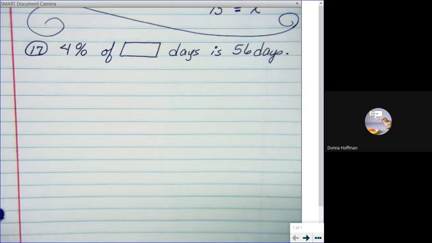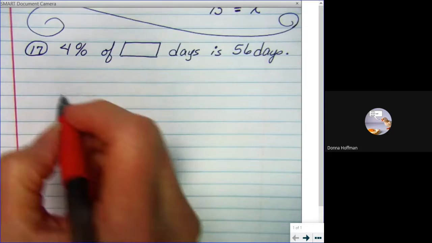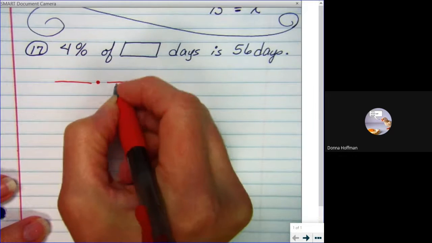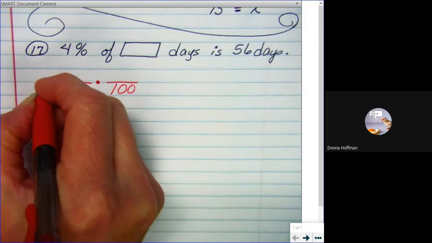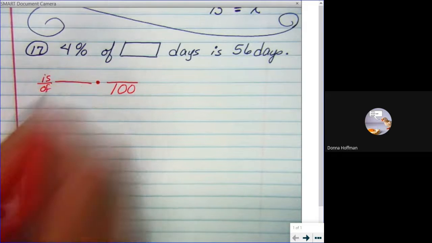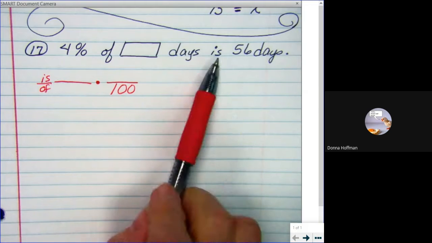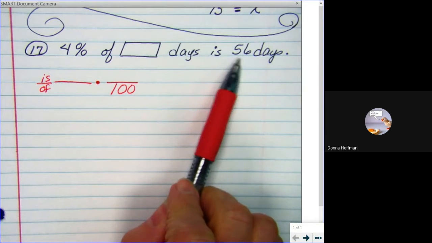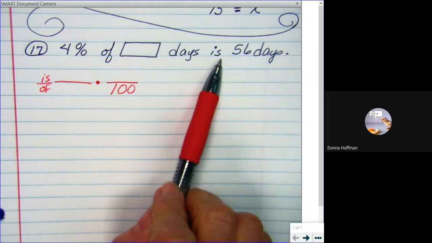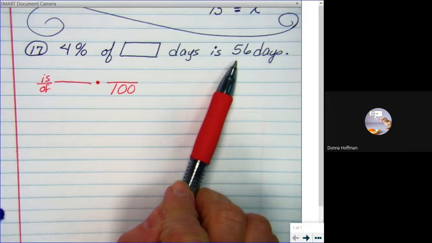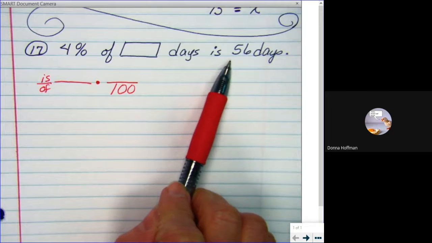Mm-hmm. Above. I have a perfect no here I have to address. Hold on a second. 56 is the is. So is that where my empty box is going to go? Mm-mm. Where's it going to go?